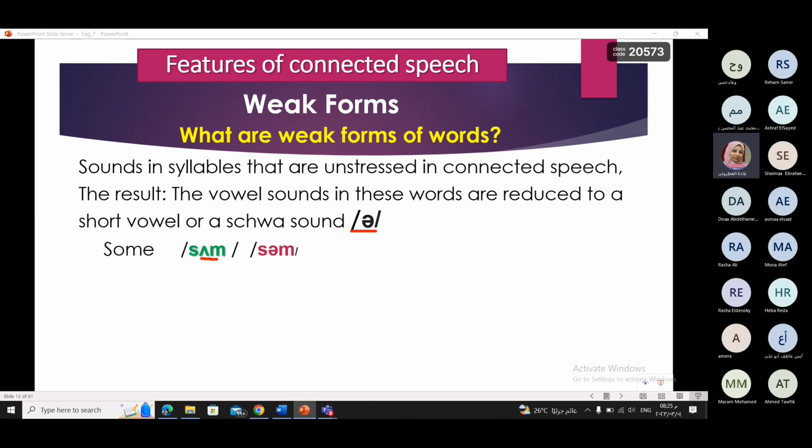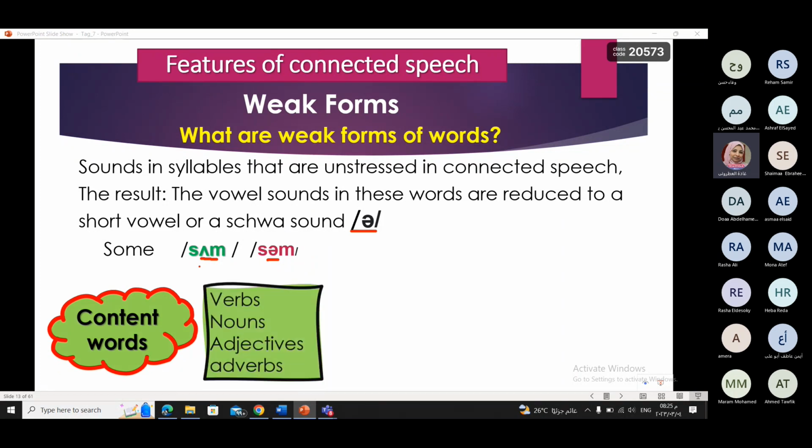But if we read it in the weak form of the word, we say some. This is the schwa. So the vowel in this word is weakened or reduced to a short vowel, which is the schwa. Okay?